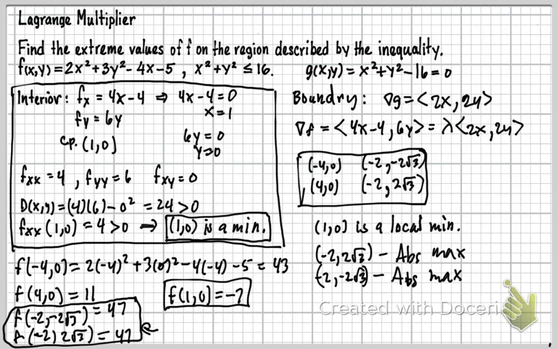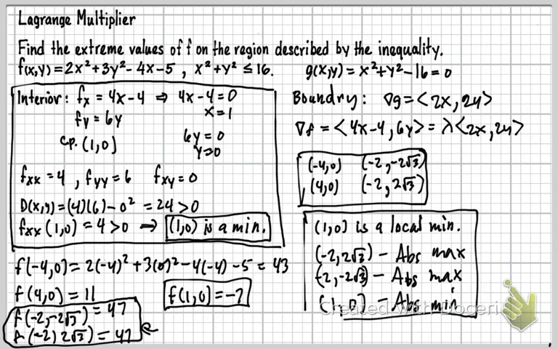And then I would also say that 1, 0 is an absolute min. So all this information would be necessary, but this would be your conclusion when it's all said and done.